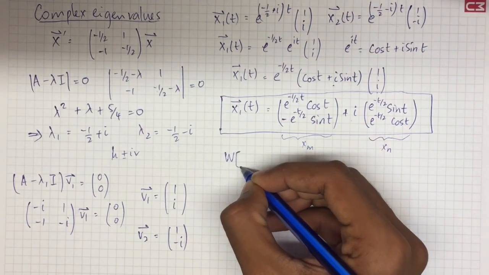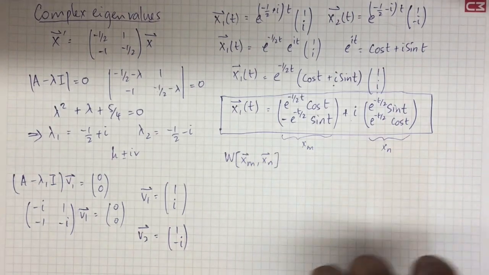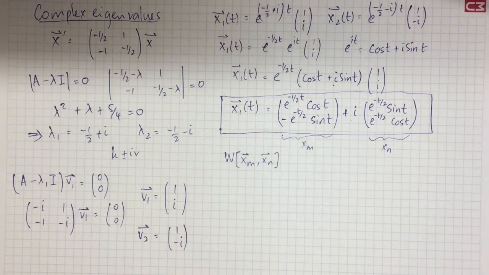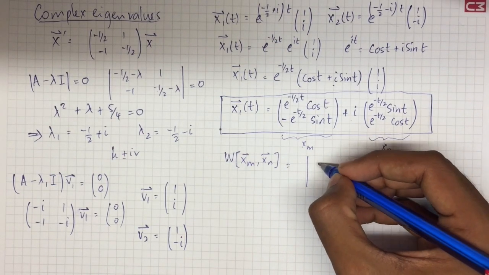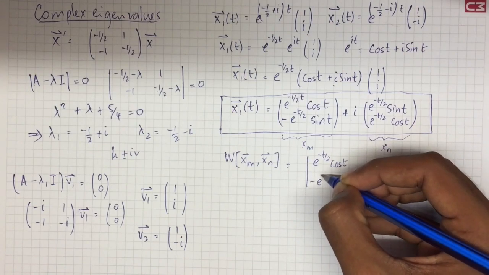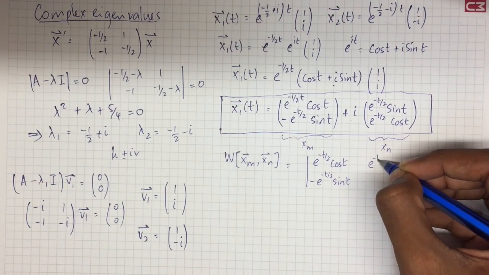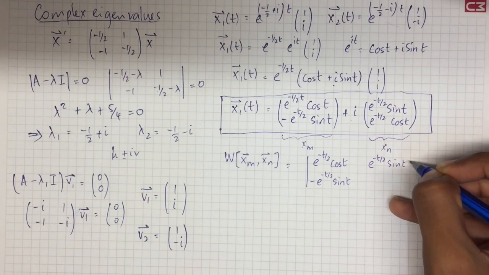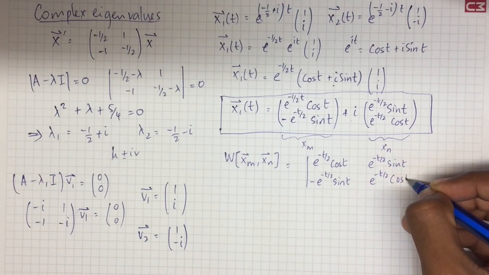If I do the Wronskian of xm and xn vector, I would get the determinant of e to the minus t over 2 cos t, minus e to the minus t over 2 sine t, e to the minus t over 2 sine t, and e to the minus t over 2 cosine of t.